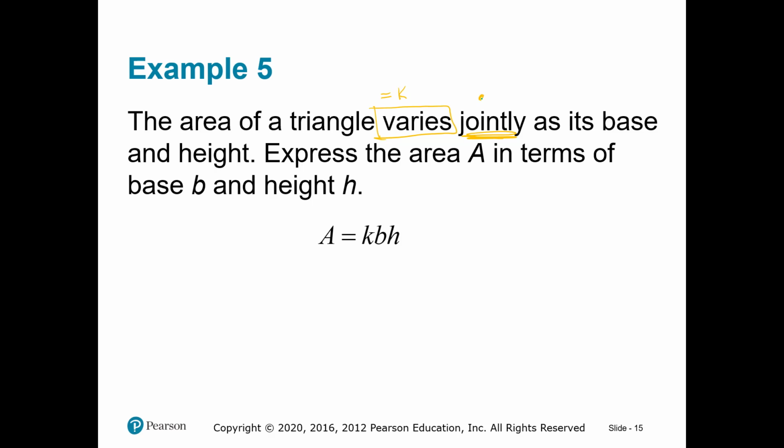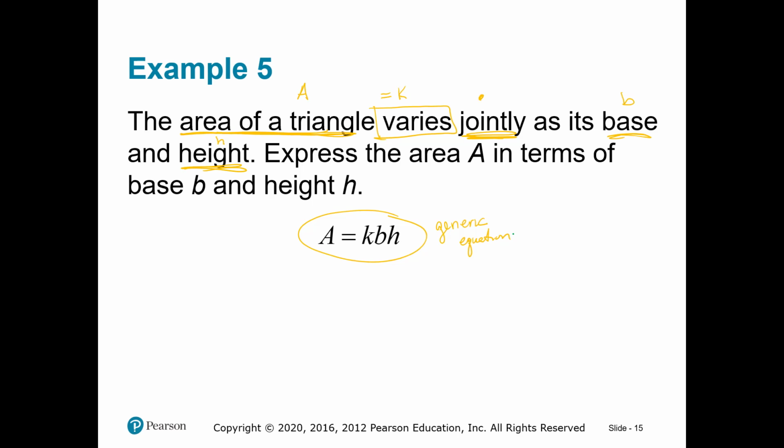We know jointly means multiplication. Area of a triangle. I don't know what I'm going to call it. A for area. As its base, how about we just call that B? And its height, how about we just call that H? So, does this make sense? That's right, our generic equation.